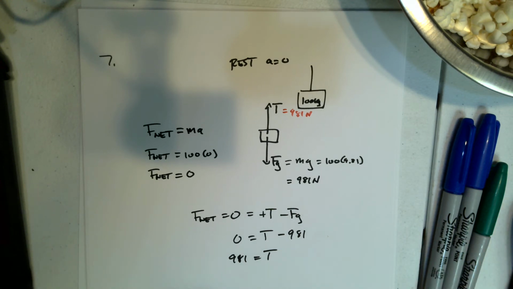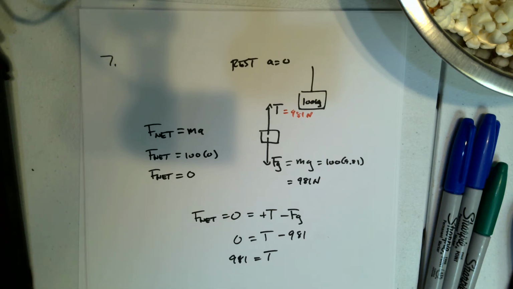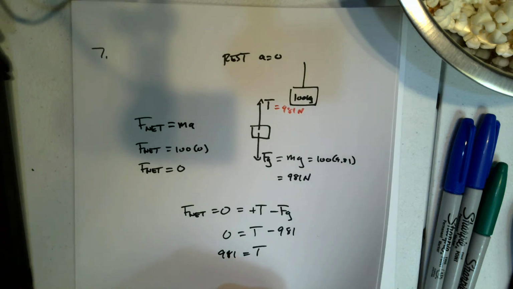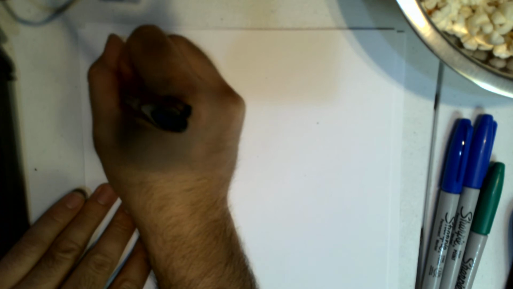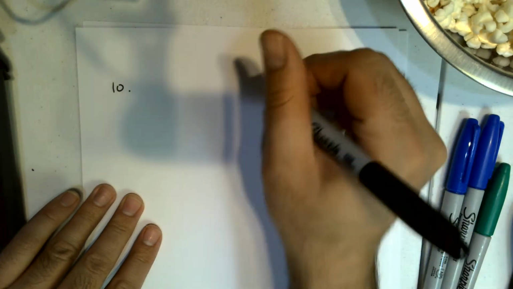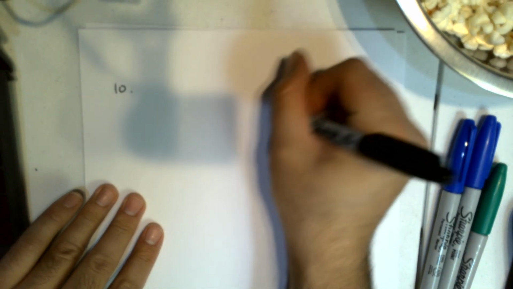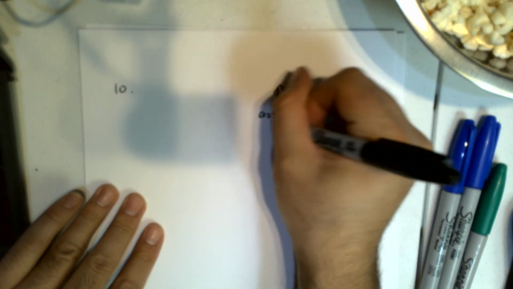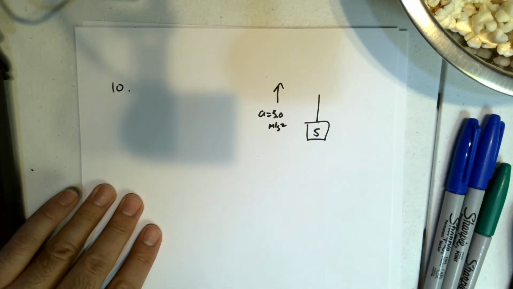So that was an object that was at rest, that would remain at rest. If you looked at one of the other problems, it was also an object that was attached to a rope. However, that particular object, in number 10 I believe it was, was a 5 kilogram bucket of water attached to a rope, but this object is being accelerated upwards at 3 meters per second squared.